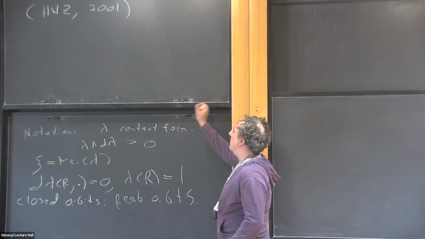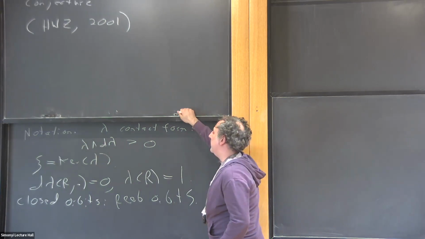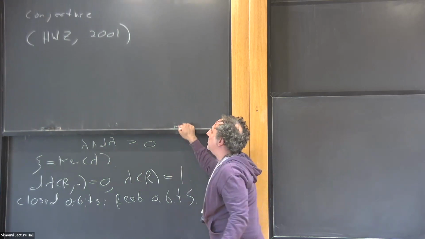Okay, so now I can state the conjecture. Maybe, unfortunately, I have to lower the board to actually reach it. But let me know if you want to see the notation.